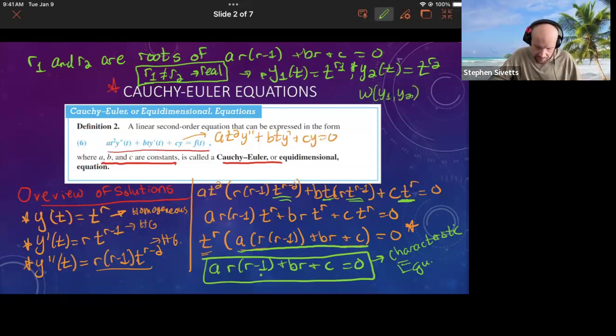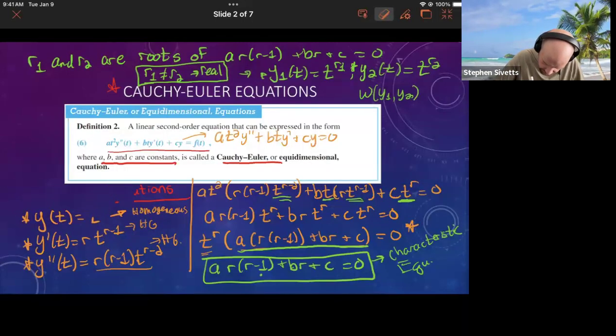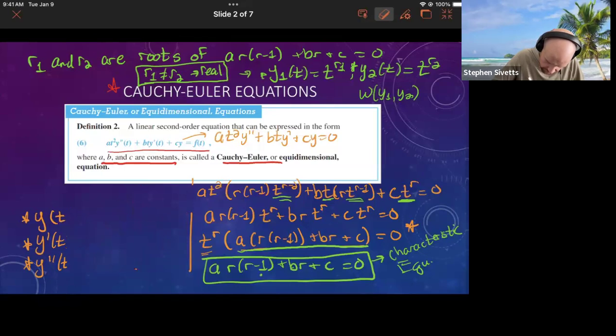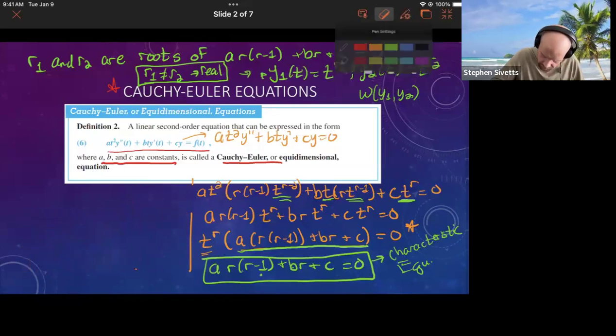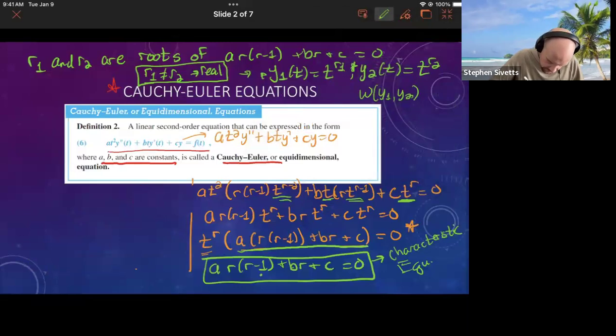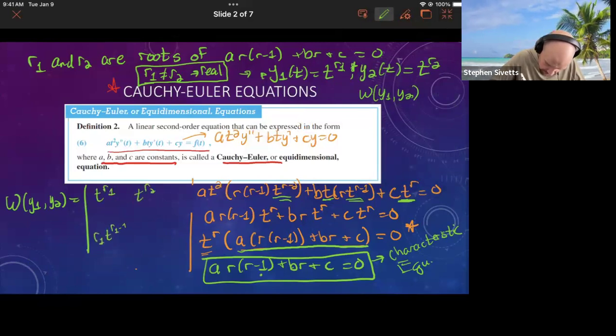So we have t to the r1, t to the r2, and then r1 t to the r1 minus 1, and r2 t to the r2 minus 1.